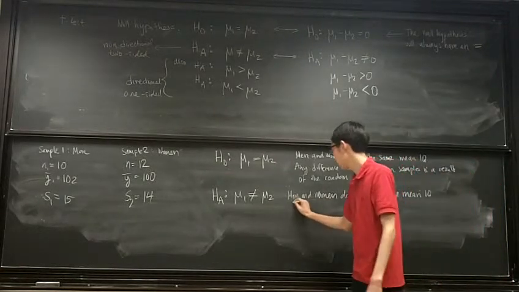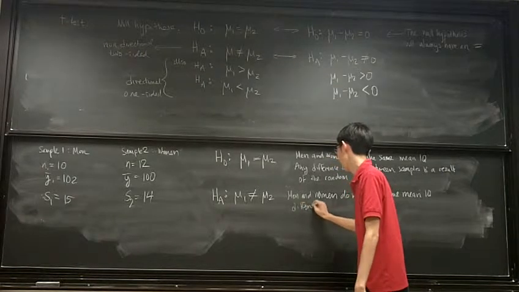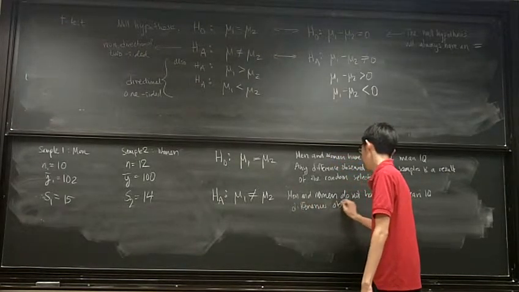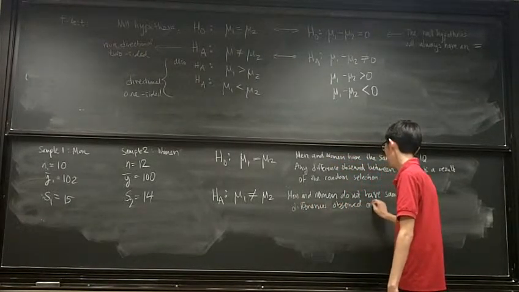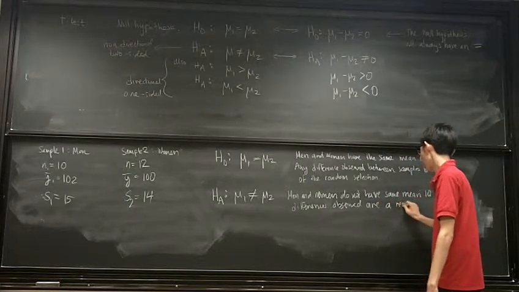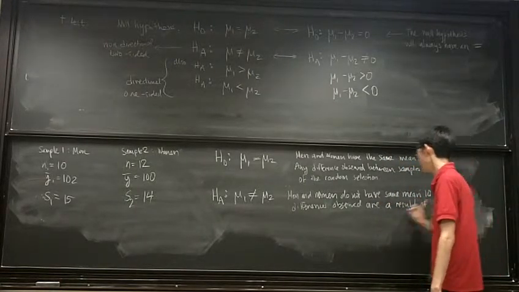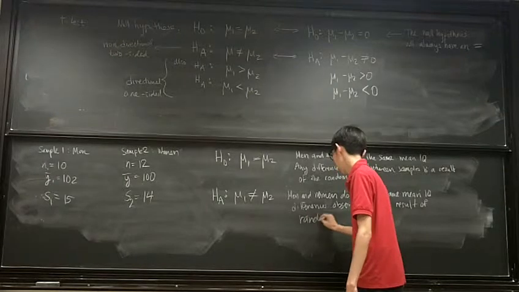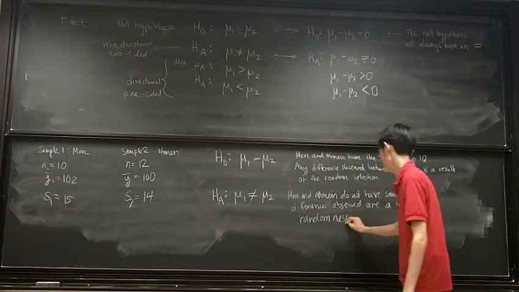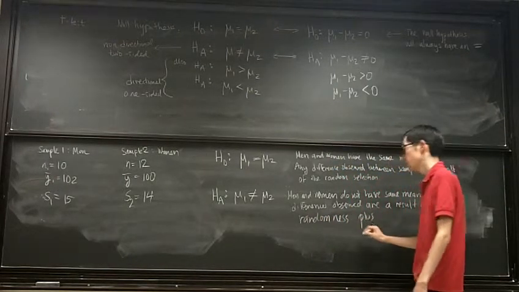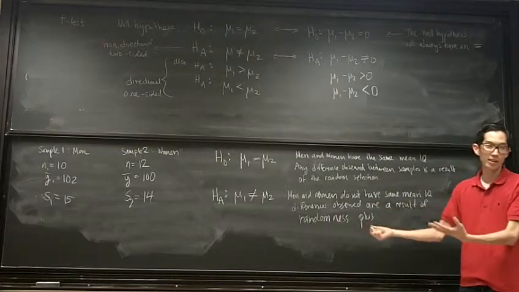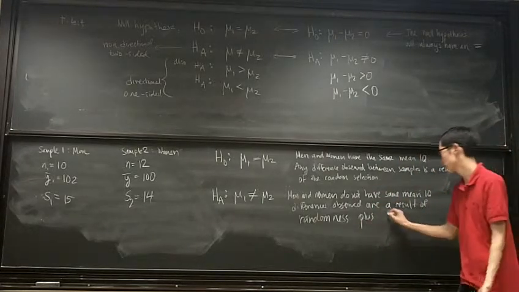Rather, differences observed are a result of randomness plus the fact that the means are actually different.